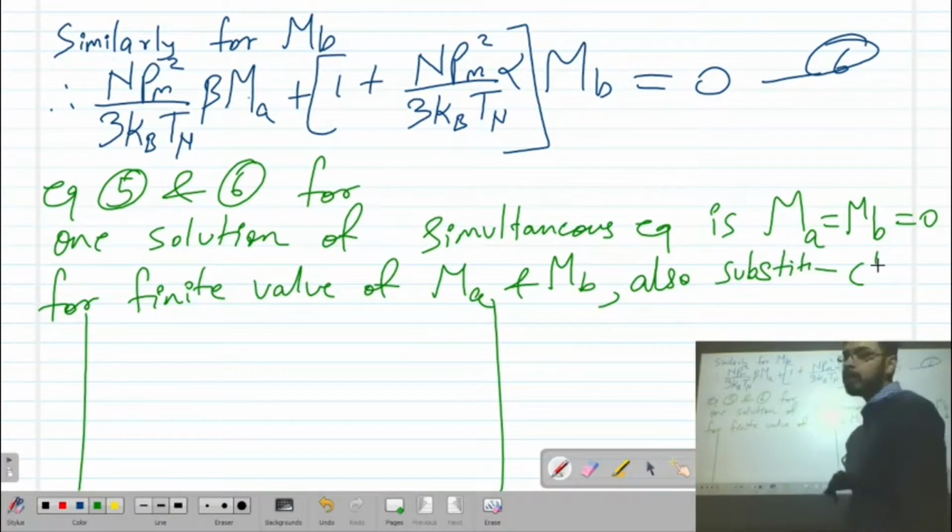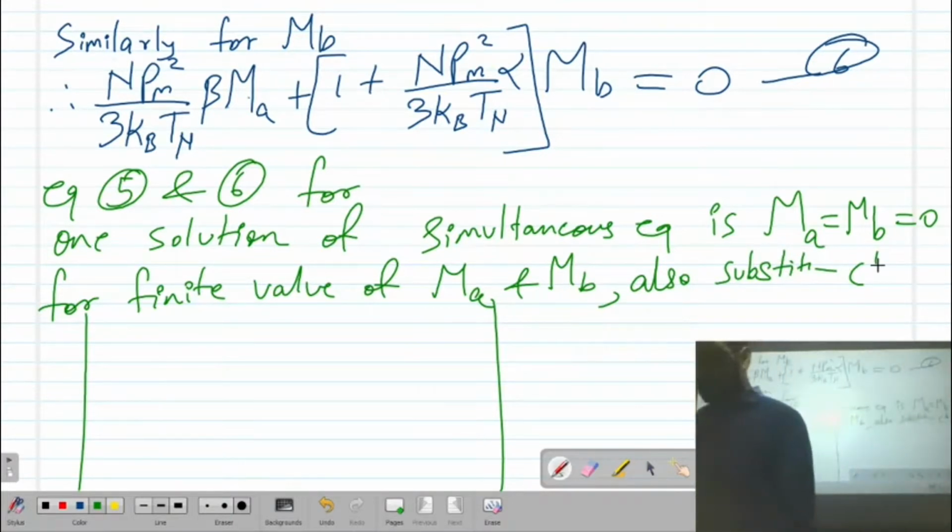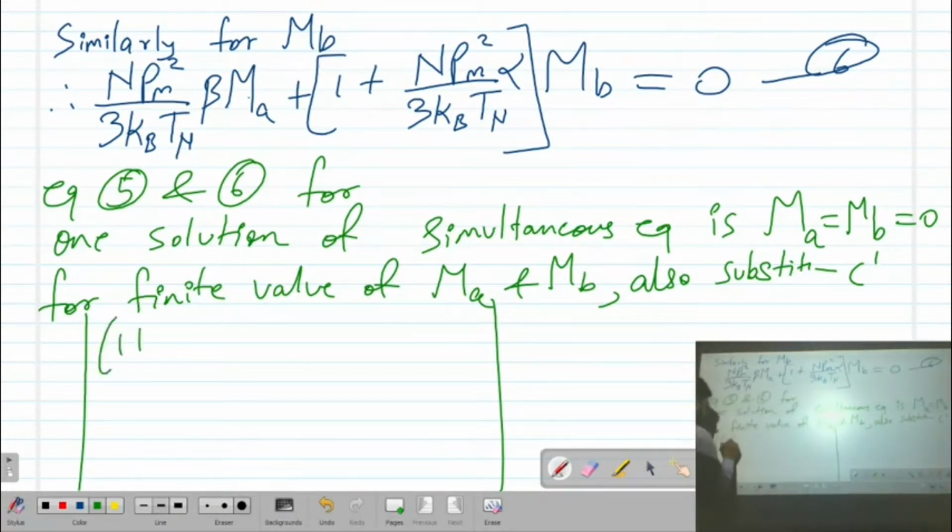We are also substituting the value of C dash. Remember, C dash is nothing but 2 and T of m square by 3 k beta t. Substituting that value, we will have 1 plus C dash by 2 T of n alpha.